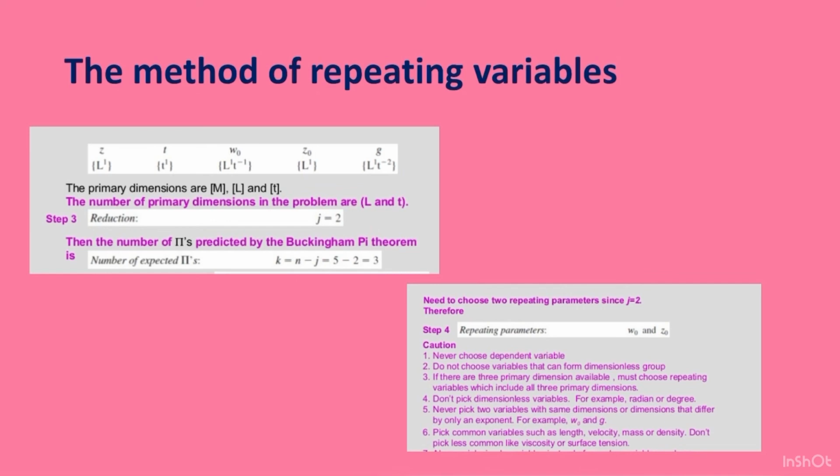Number 4, don't pick dimensionless variables, for example radian or degree. Number 5, never pick 2 variables with the same dimensions or dimensions that differ by only one exponent, for example these two. And number 6 is to pick common variables such as length, velocity, mass or density. Don't pick less common ones, like viscosity or surface tension.